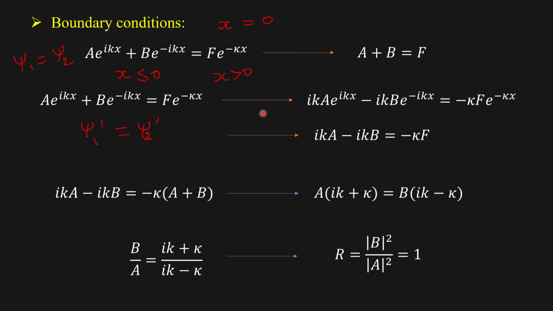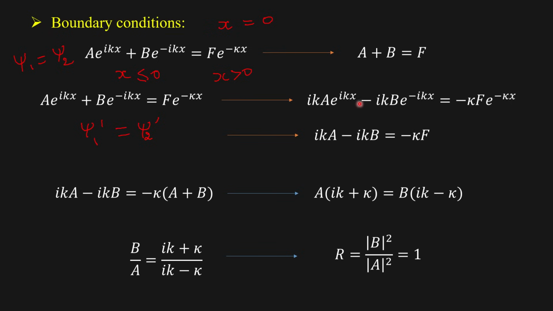So you take the derivative. For the first term you get ik times A with the exponential term, and here you have minus ik times B e power minus ikx. Then differentiating the other side, you get minus kappa F multiplied by the exponential term.